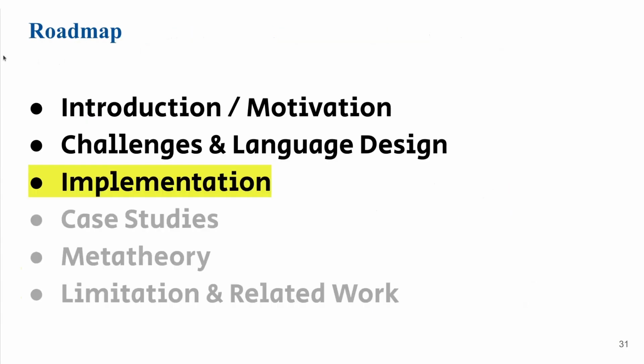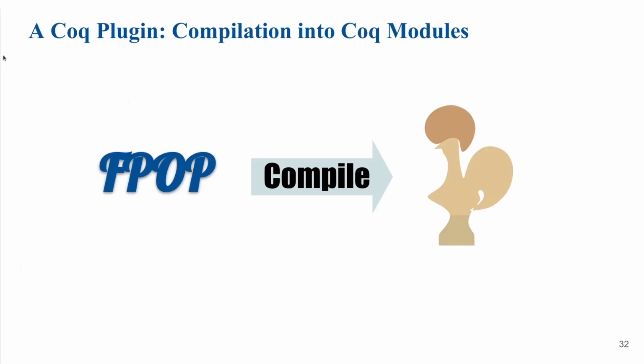FPOP is not just a language design. It also has an implementation. We implement a Coq plugin that compiles the FPOP features into Coq's module facility on the fly. This compilation conveniently reduces the trusted base of any development using FPOP to Coq.